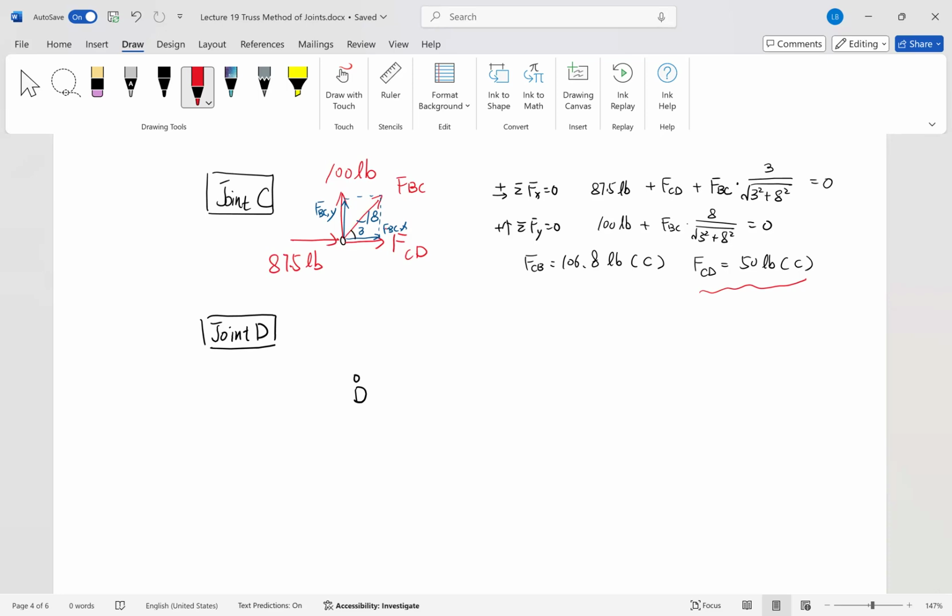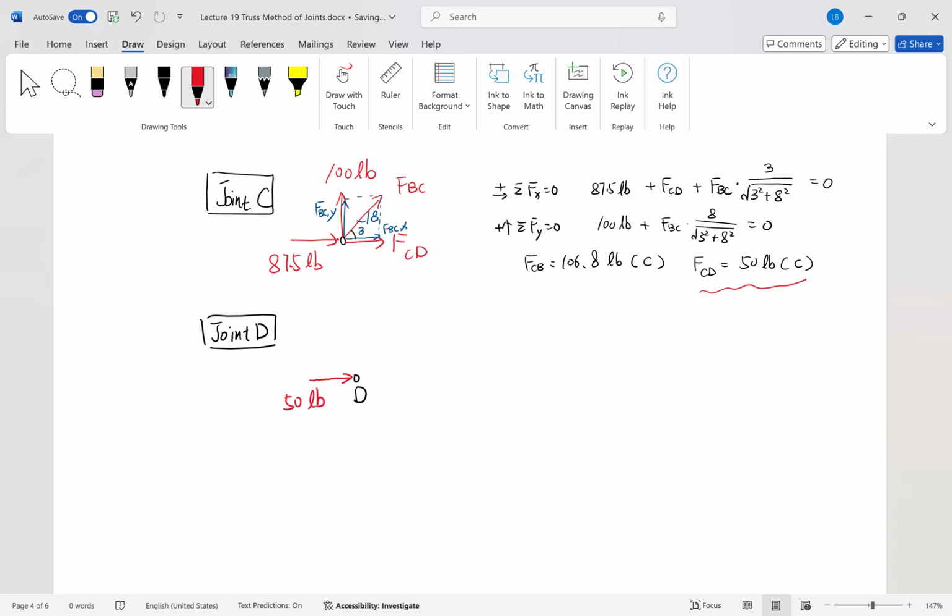Now recall, if it is compression, should it go towards the joint or away from the joint? Note that if it is tension, it should go away from the joint because the bar is pulling my joint. But if it is compression, then it is pushing my joint. So it should be going towards my joint, with the magnitude equal to 50 pound.